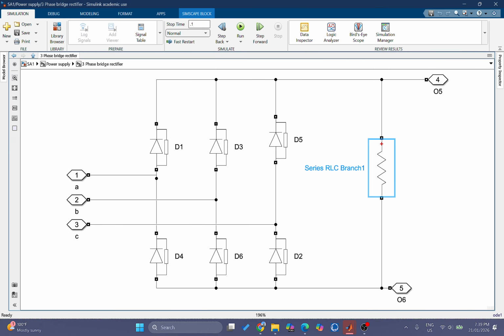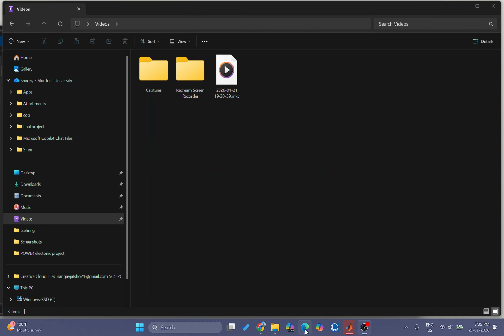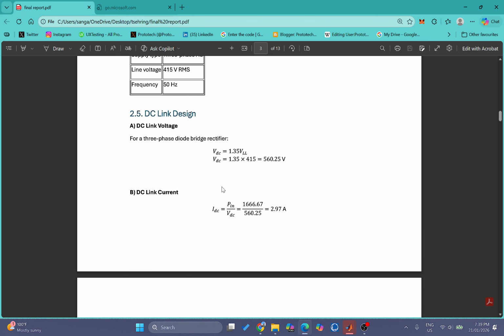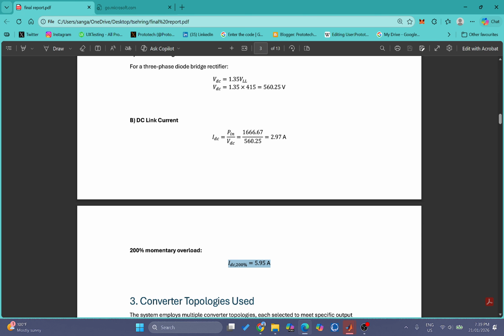It significantly lowers the ripple, and provides excellent robustness under overload conditions. I have calculated that it can easily tolerate 200% momentary overload.